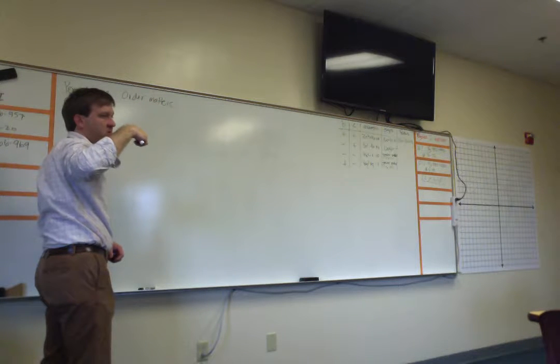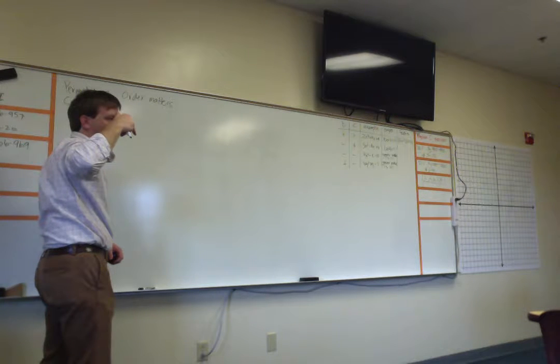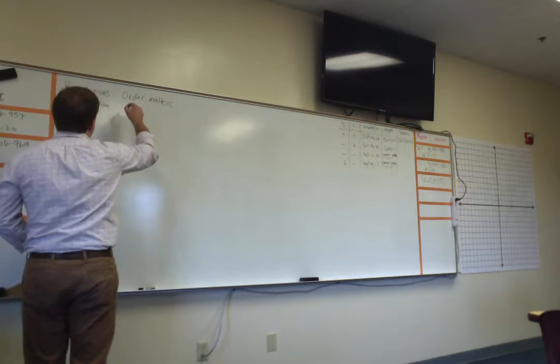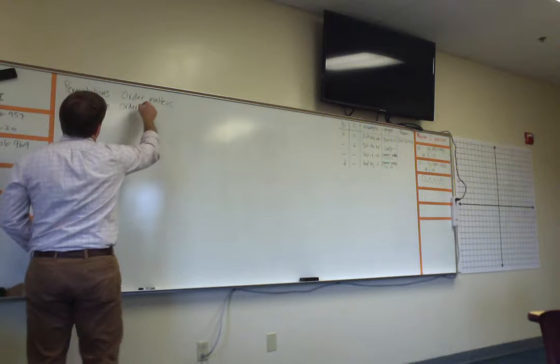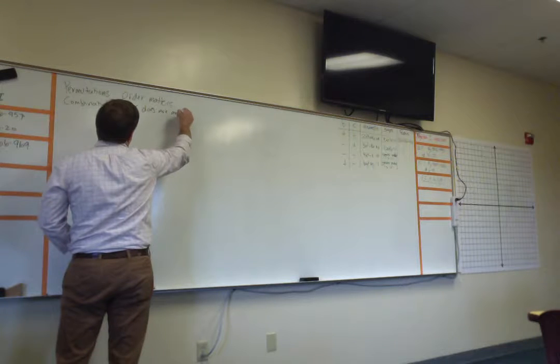Like, if you're selecting a meal, you need to select a drink, a sandwich, and a side. Order matters there. It's just that order is drink, position, drink, entree, side. Combination: order does not matter.